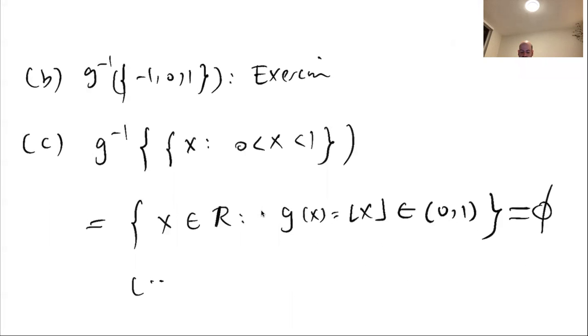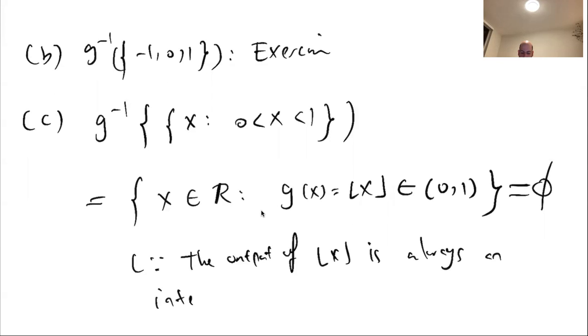And I can justify it by saying that the output of floor x is always an integer and cannot be inside 0 to 1.